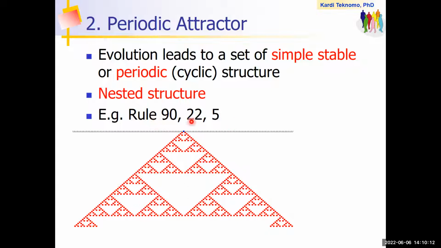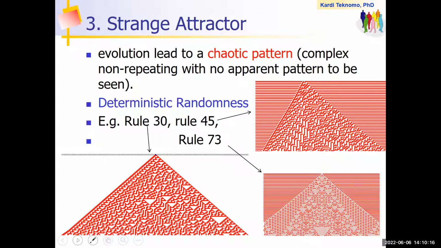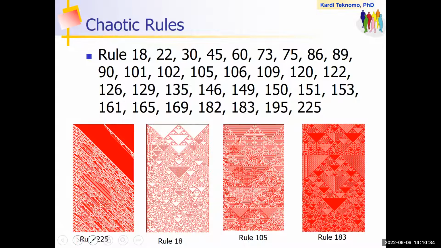These are examples of the rules. And then this is strange attractor, so randomness. Again, rule 30, rule 45, rule 73, you can start to see kind of random, chaotic behavior. So complex, non-repetitive with no apparent pattern. These are all chaotic rules, so I listed here.